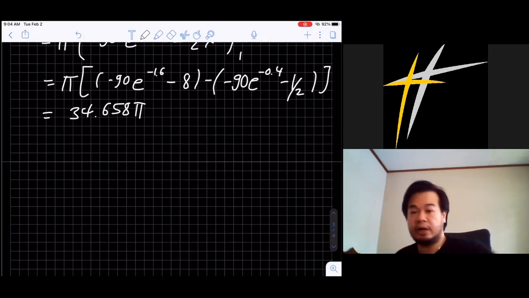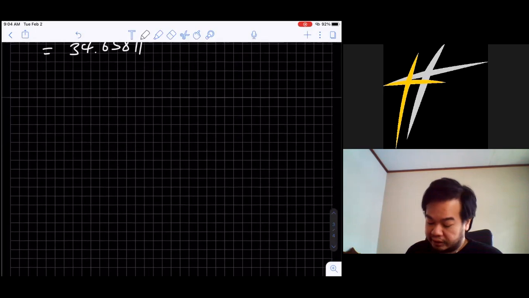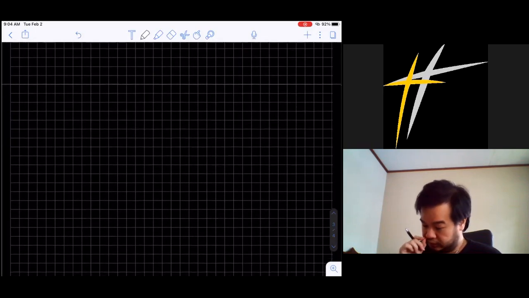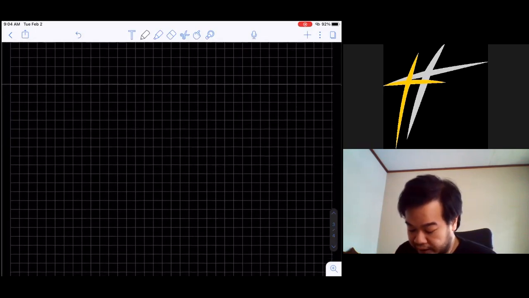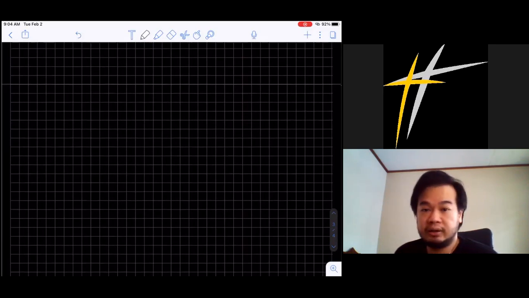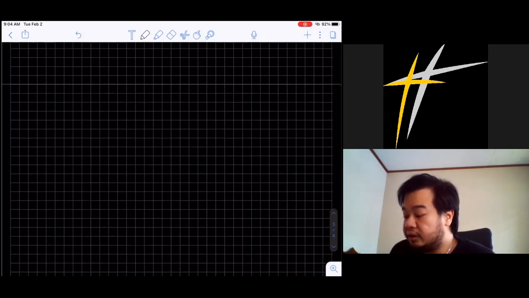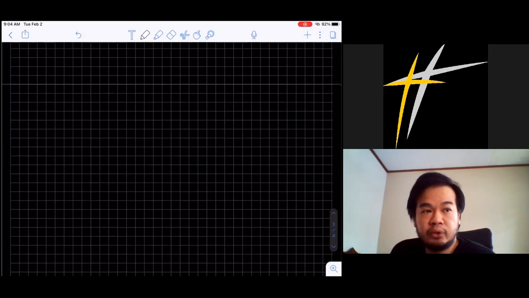Example 4 shows you how. So in the next example, I'm gonna teach you how to find the volume of a solid when the solid is not necessarily made by rotating a region about the axis.